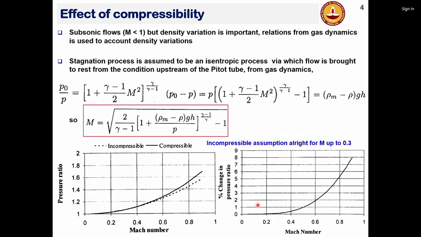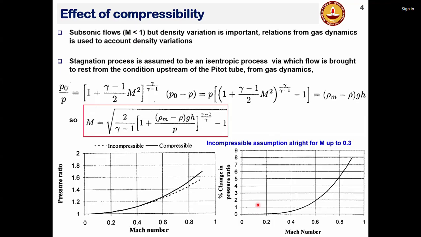And this compression process is taken to be an isentropic process, meaning the entropy during the process of stagnation, where the fluid molecules slowly come to rest, is said to be isentropic.